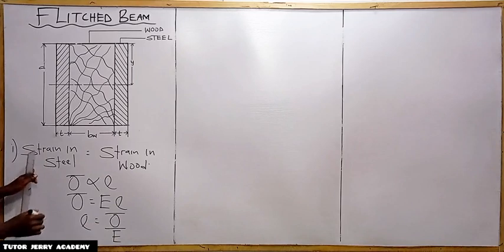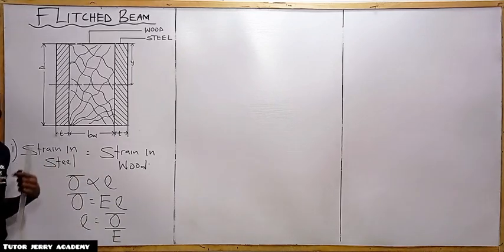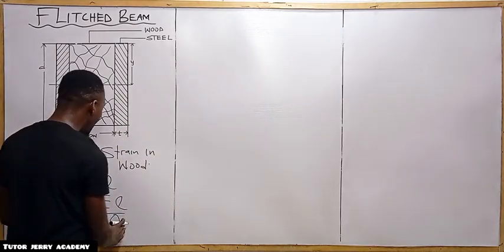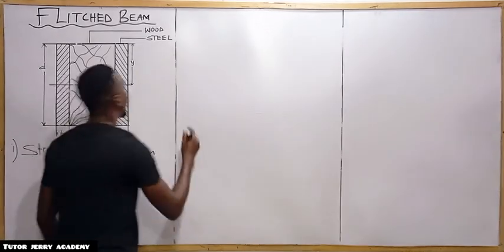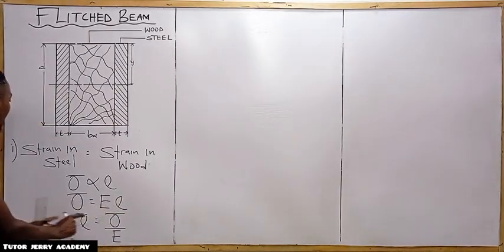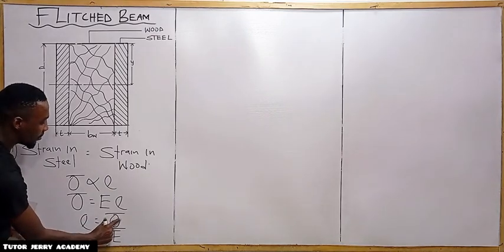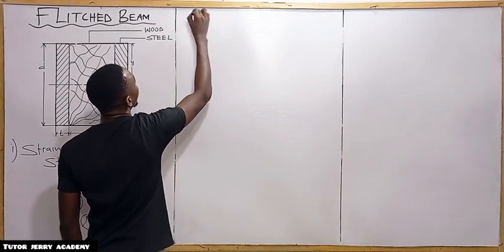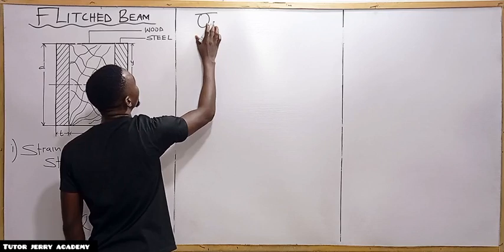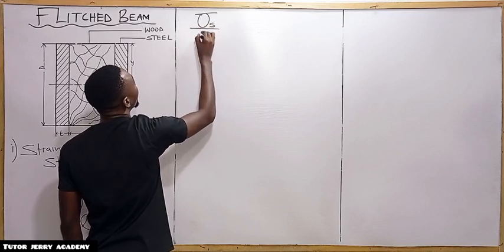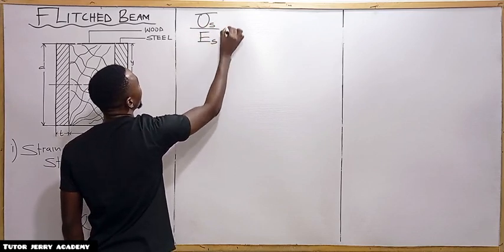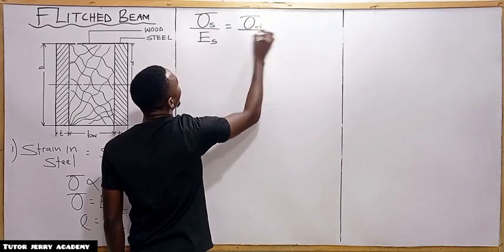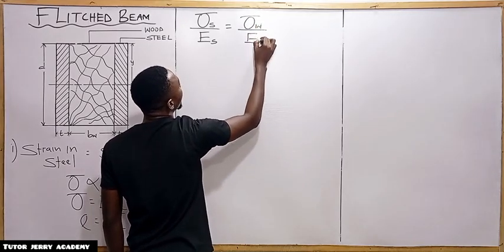Here we are saying strain in steel will be equal to strain in wood. So strain is stress over modulus of elasticity. We denote steel with S and wood with W. So the stress in steel over the modulus of elasticity in steel will be equal to the stress in wood over the modulus of elasticity in wood.